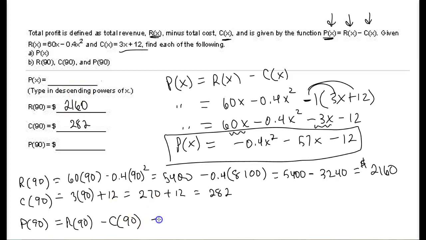And of course, to get the profit at 90, we would just take the revenue minus the cost, and that should be it. And again, no reason to have to go and plug in 90 into here and here. You can just calculate it this way. I already have the dollar signs there.